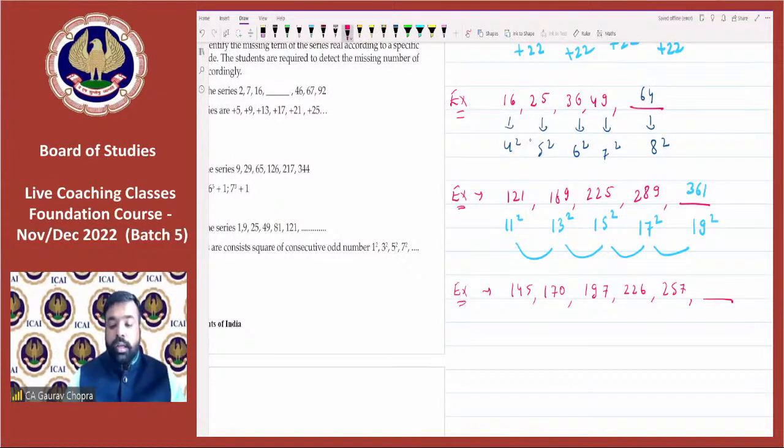So now this time, what is the logic? 145, then 170, 197, and so on. So if we remember the square series, all these numbers are just next to the square series.